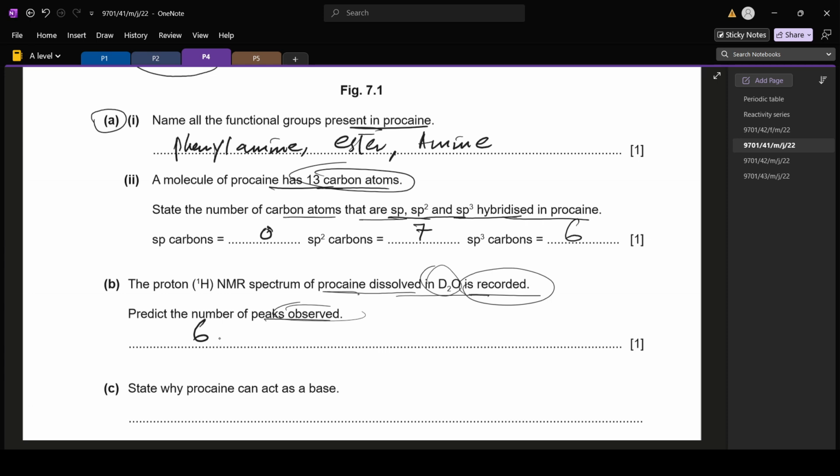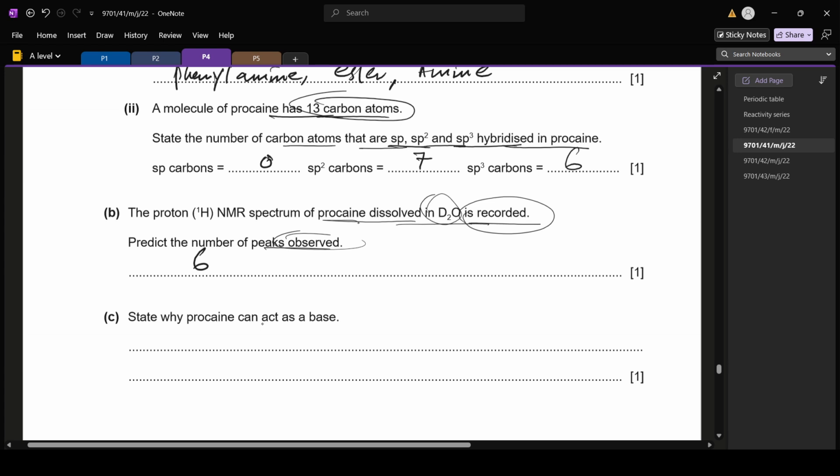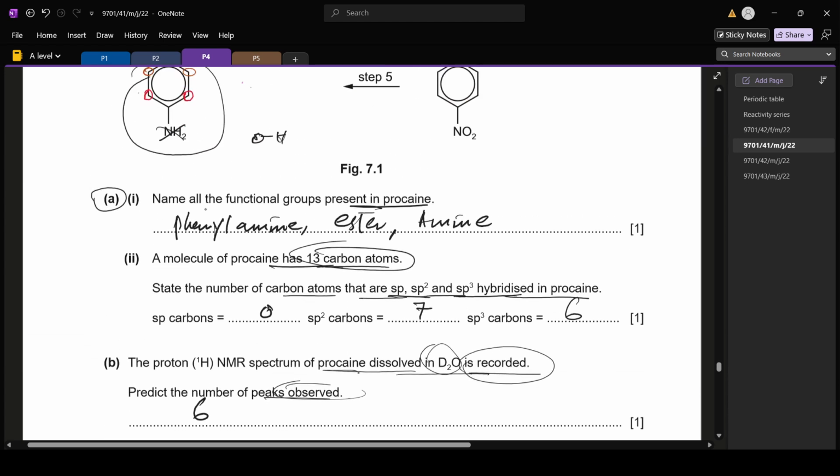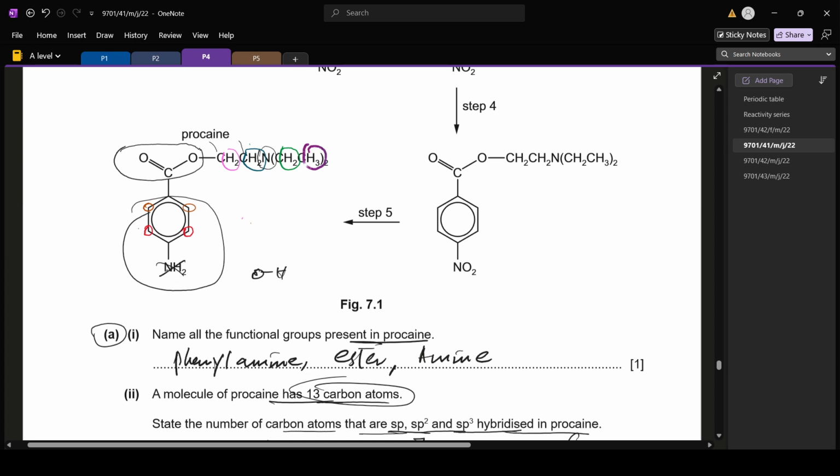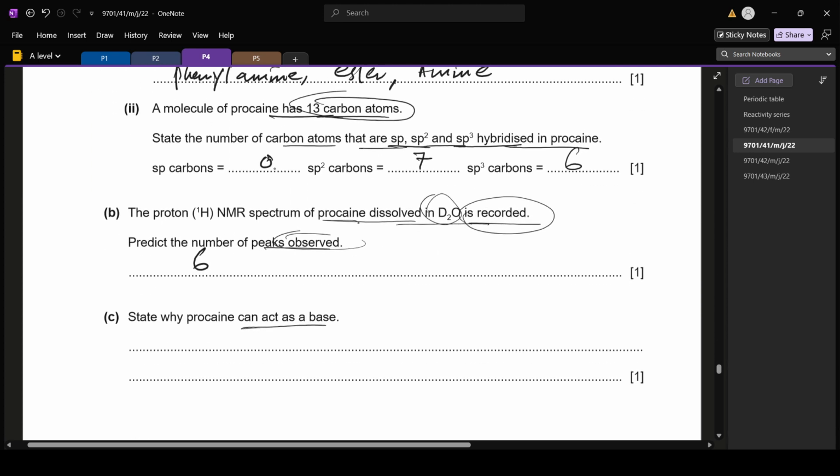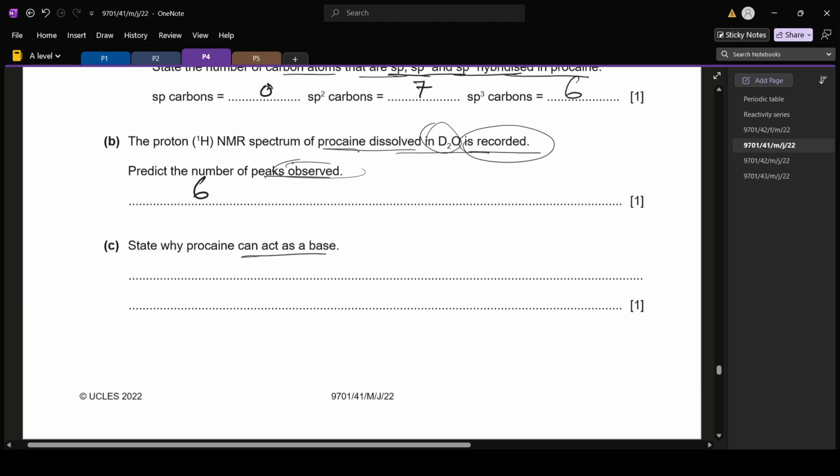Moving to our next part. State why procaine can act as a base. So in procaine you can see there is a lone pair on nitrogen, which it can donate, and lone pair donors are basically bases, or it can accept a proton as well.